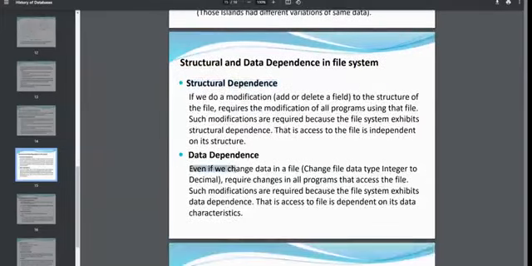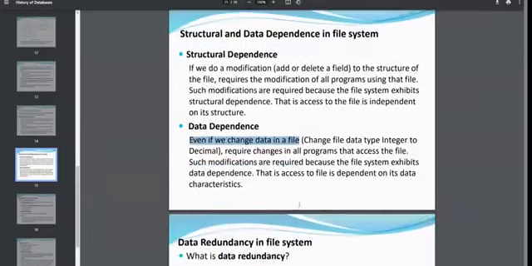So the next one is data dependence. What kind of things affect data? The data types affect this. For example, data types like integer, decimal, Boolean. So it depends on these kinds of data types, and we can consider it a drawback.